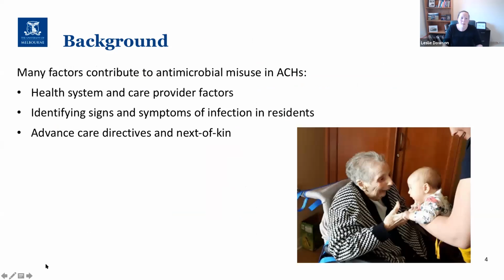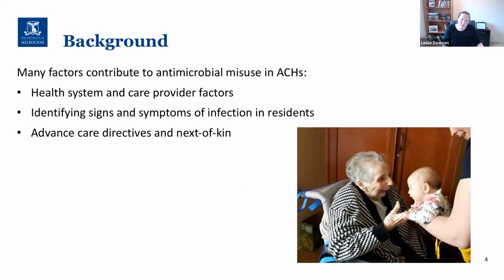in the sector. Why is it so difficult in this particular area? Well, there are many reasons. They're relatively low resource environments, so you don't get access to specialty clinicians. There are care provider factors, so you see large variability between homes and even within the homes themselves, depending on who's doing the prescribing.